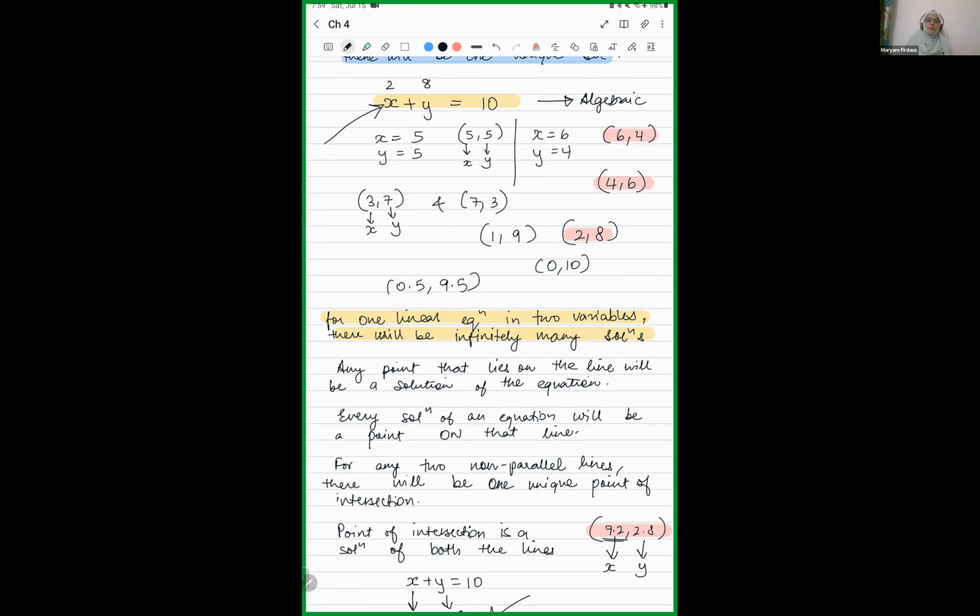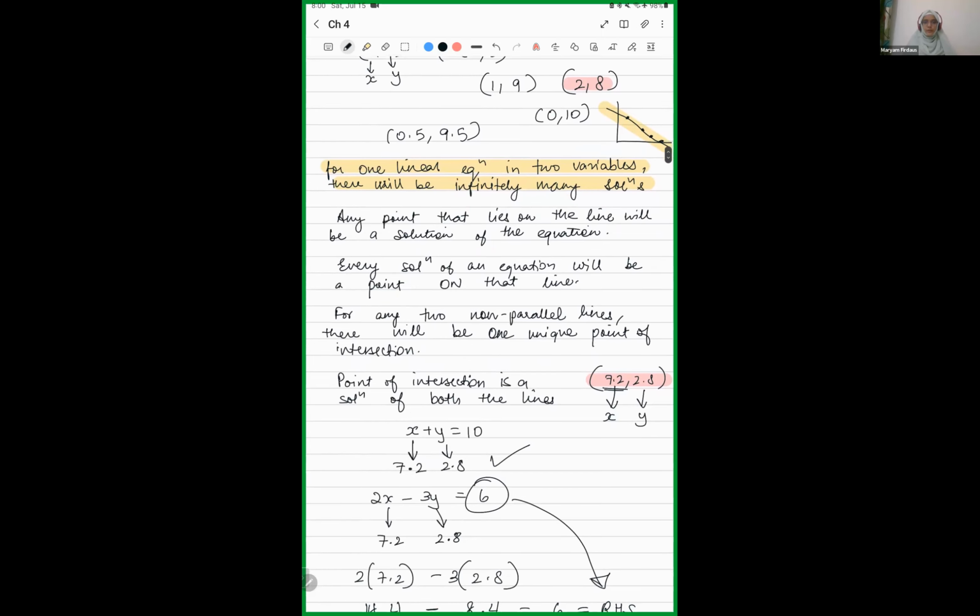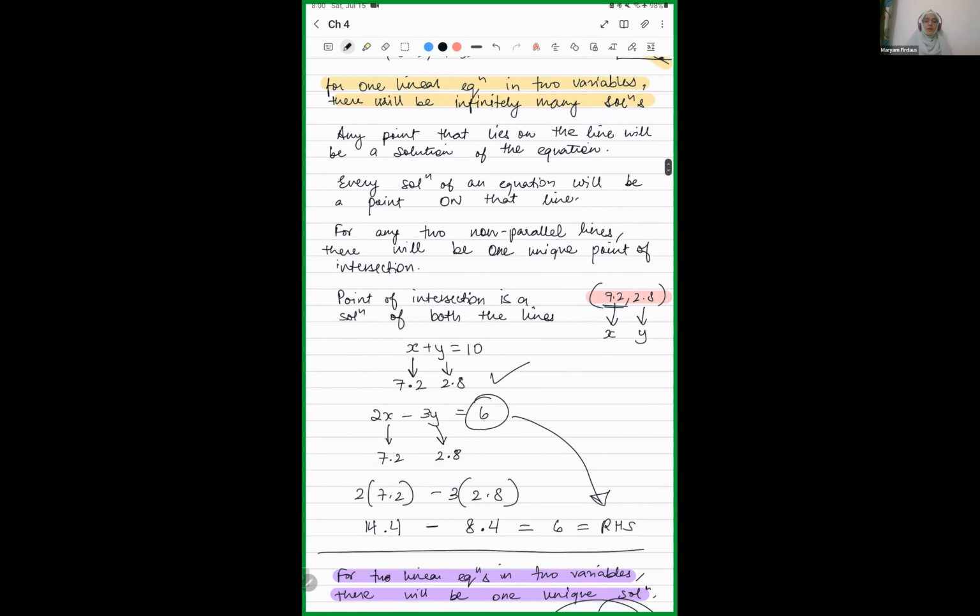And in the previous class, we were also seeing how this yellow colored equation corresponds to a line on the graph, and every point on that line is going to be a solution of that equation. This is something we saw in the previous class. I'm not going to explain it here because we've already done it. Please watch the video.